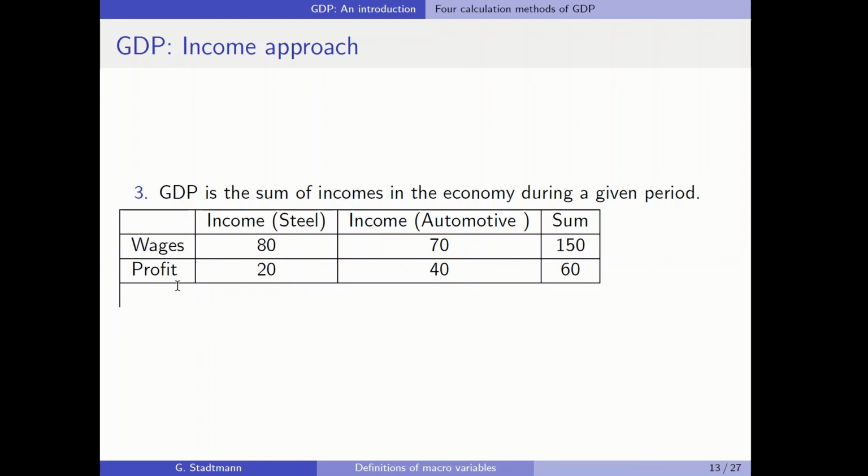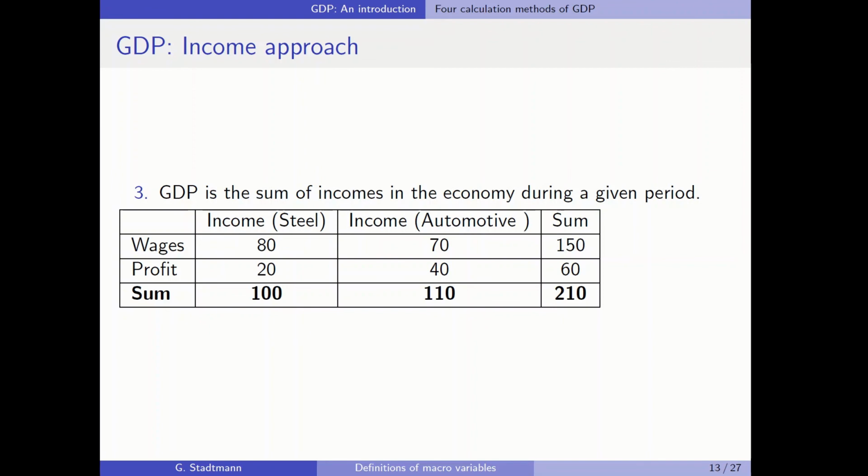Profits in the steel company are equal to 20 and in the automotive company are equal to 40, so that the sum of profits is equal to 60. And then when we sum up, we also get the information that the GDP, according to this income approach, is equal to 210.